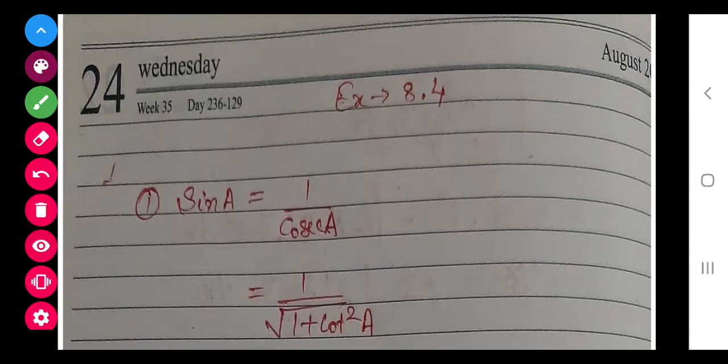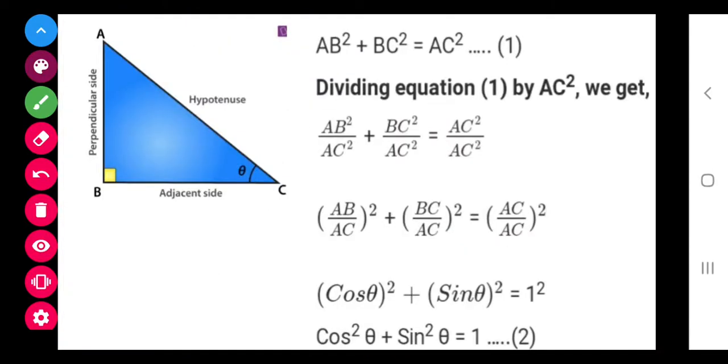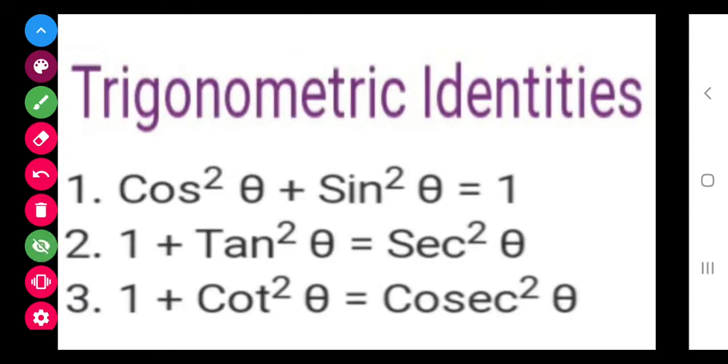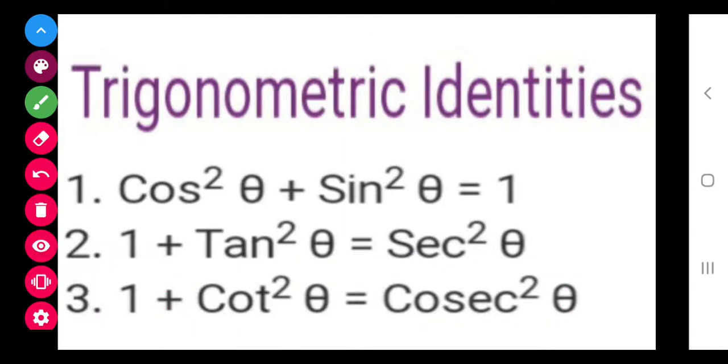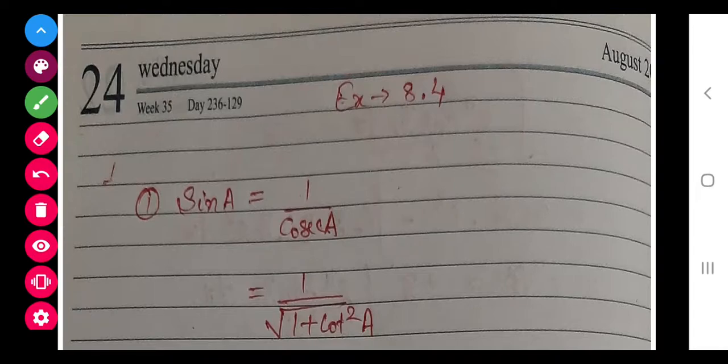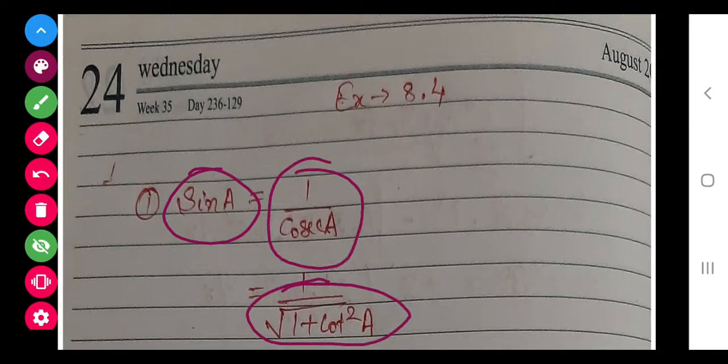That's the new formula. So in this way I have solved.